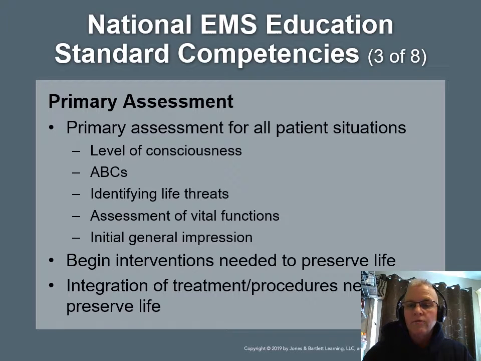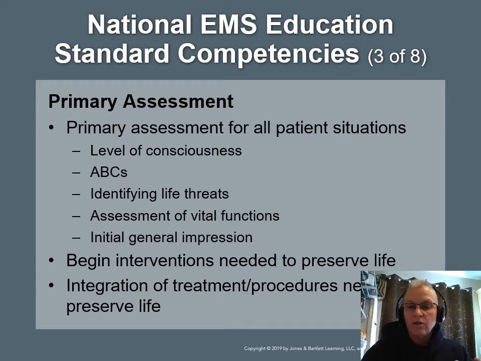When we're going through our patient assessments, both medical patients and trauma patients, the components or things that we do are the same for both types of patients. Our primary assessment is a very good example of this. We always perform our primary assessment the same way. We're going to check level of consciousness, the airway, the breathing, the circulation.